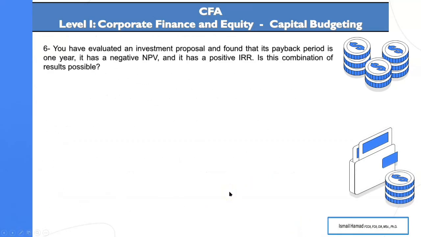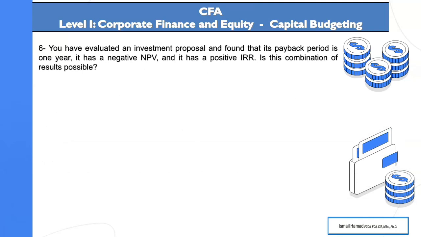Question number 6. You have evaluated an investment proposal and found that its payback period is 1 year. You remember in the last video number 6, we have 1,000 initial outlay in year 0, and on the first year we got 1,000. That means the payback period is 1 year.